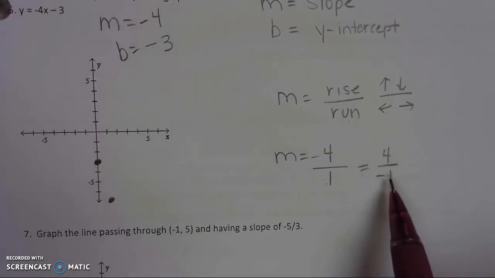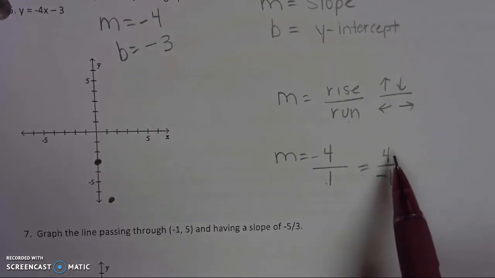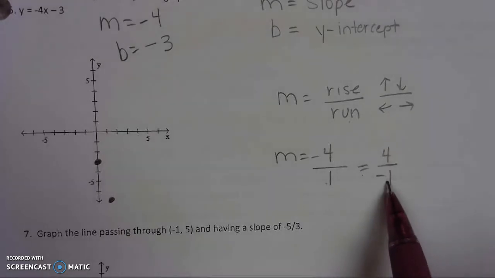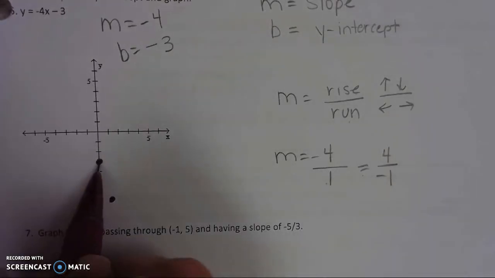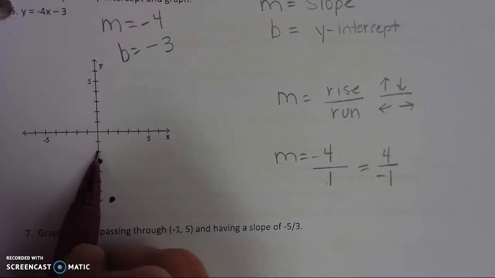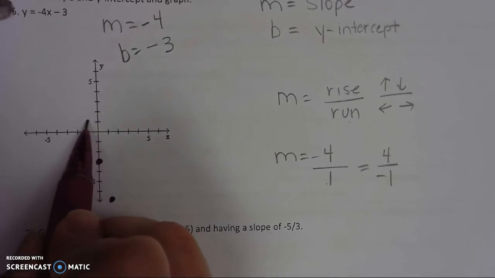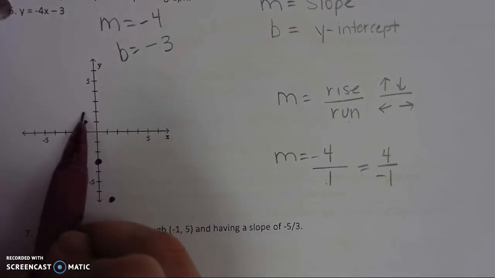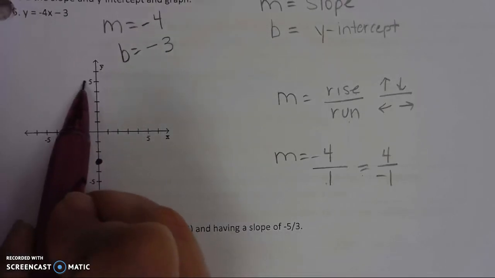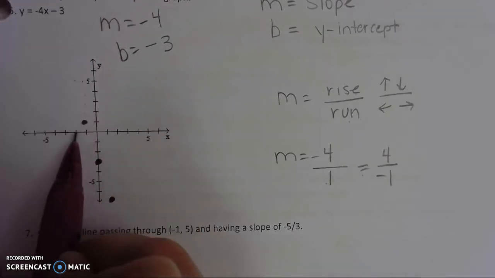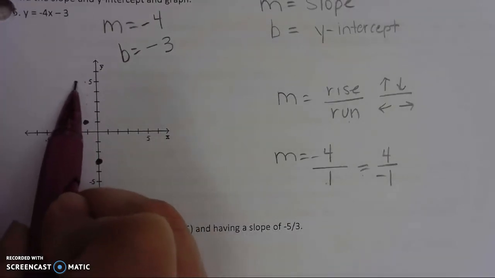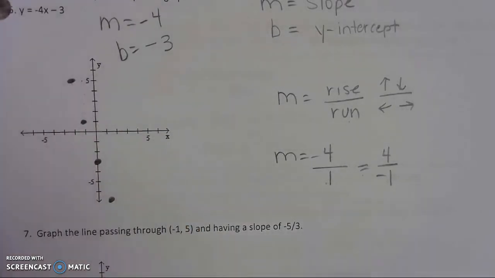I can also do the same thing here, except I will go up 4 and left 1. From my y-intercept, I'm going to go up 4 and left 1, and I can continue doing that until I run out of space.